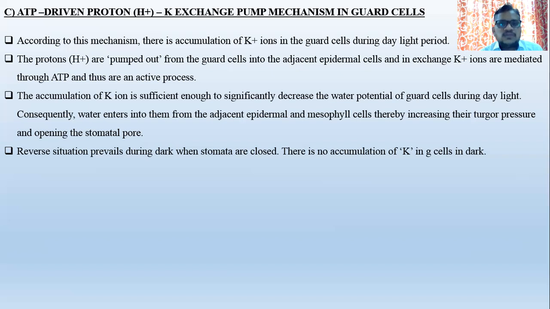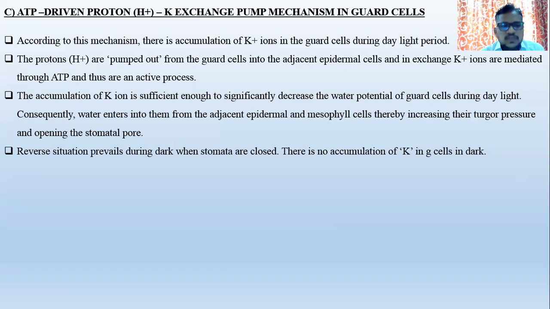Because of that, the movement of water also takes place, because the diffusion pressure decreases, and the water potential of the guard cell decreases during the daylight, so that again the turgor pressure increases and opening of the stomatal pore takes place.